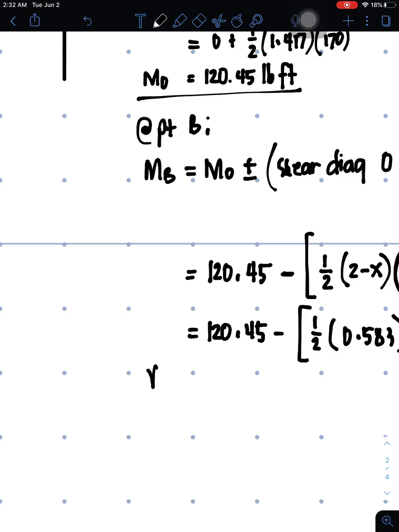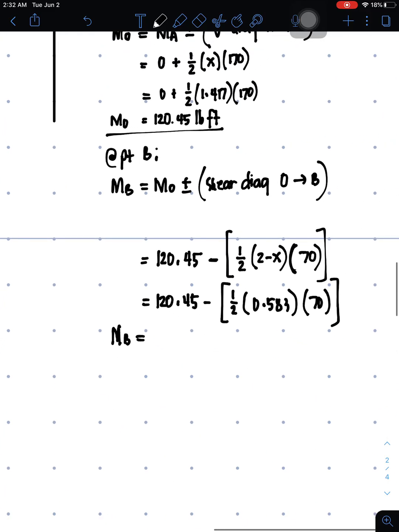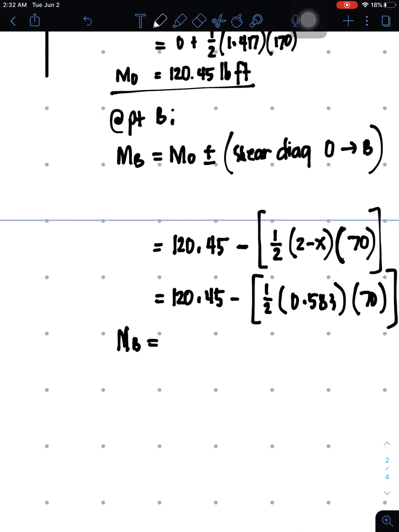So we can now get the value of MB. The value of MB is 120.45 minus 1/2 of 0.583 times 70. So I got here 100.045, or approximately 100.